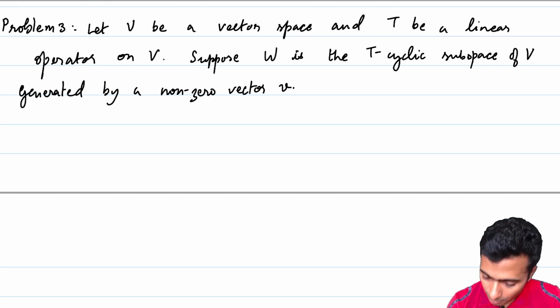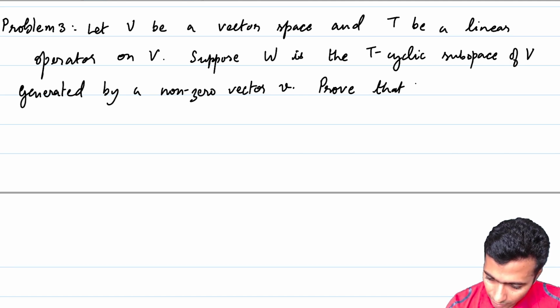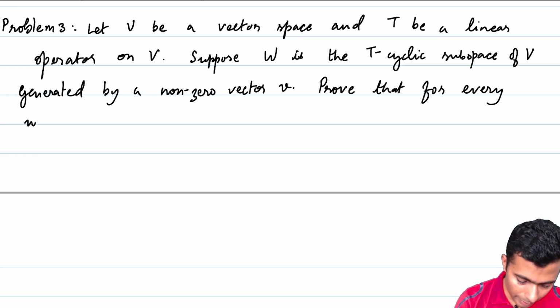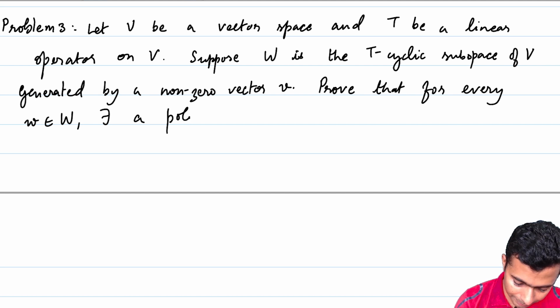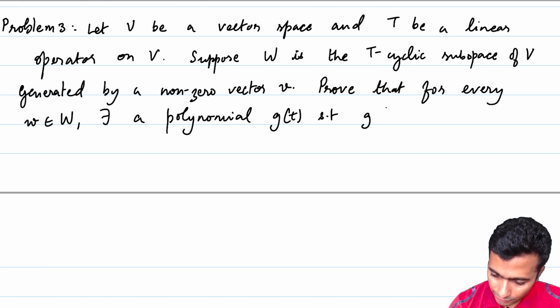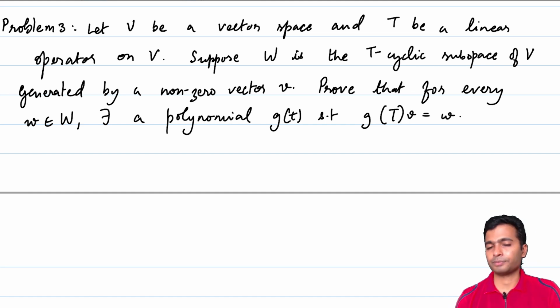So that is the problem. Prove that for every w in capital W, there exists a polynomial g of T such that g of T v is equal to w.